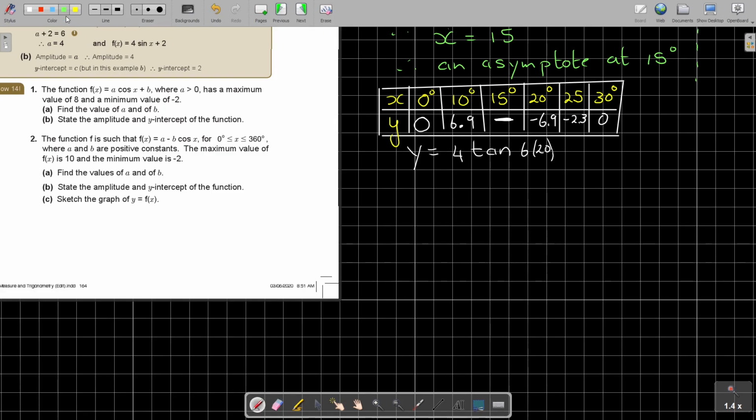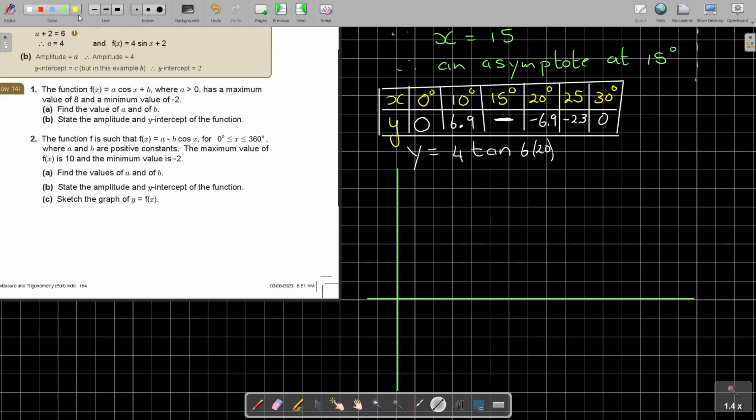It's not good to use a ruler for the axes here, because there are negative values.